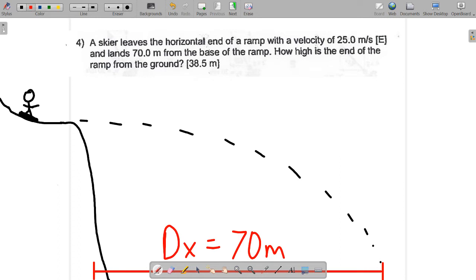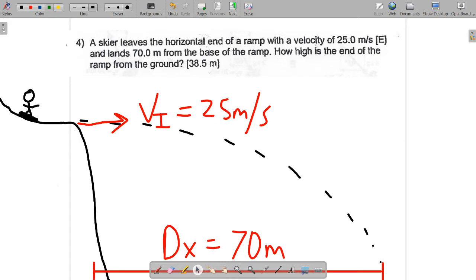We are also told the initial velocity of the skier. From the moment this skier was launched from this ramp, right at this point here, its initial velocity in the x direction was 25 meters per second. Okay. And ultimately, what we're trying to find here is the height of the ramp.